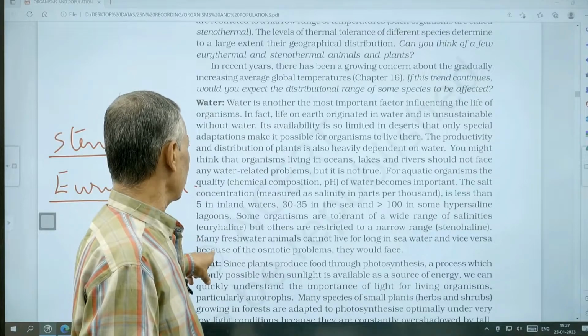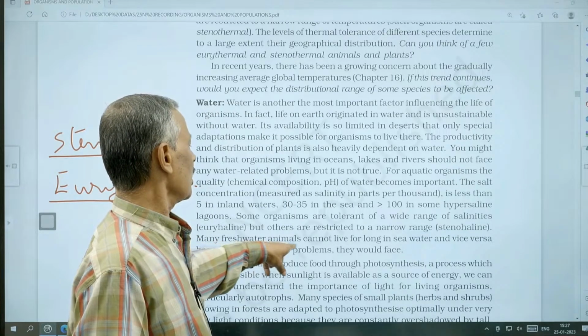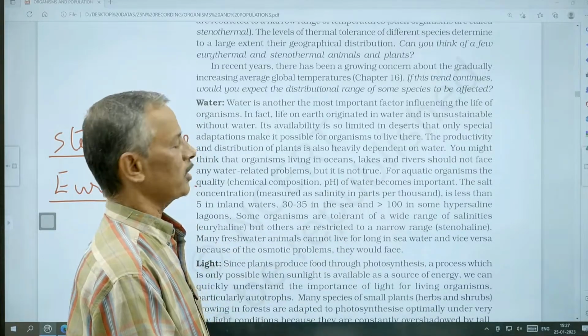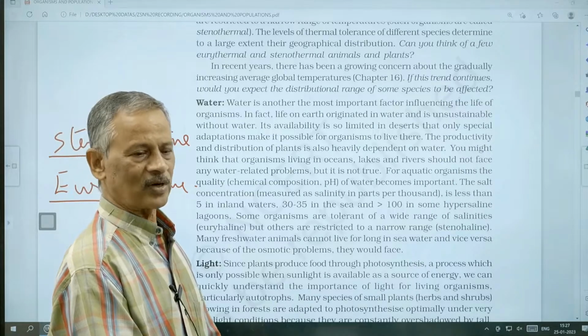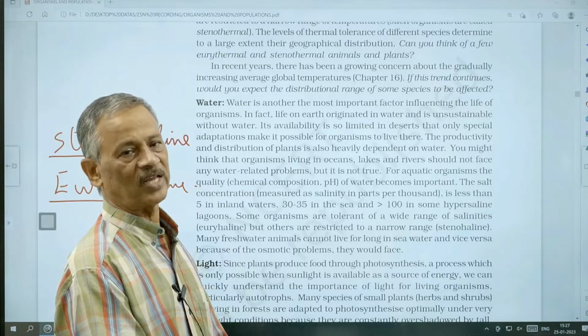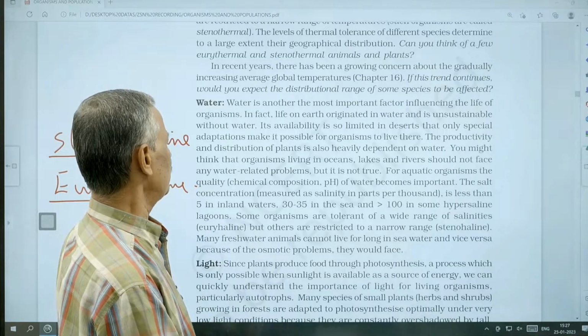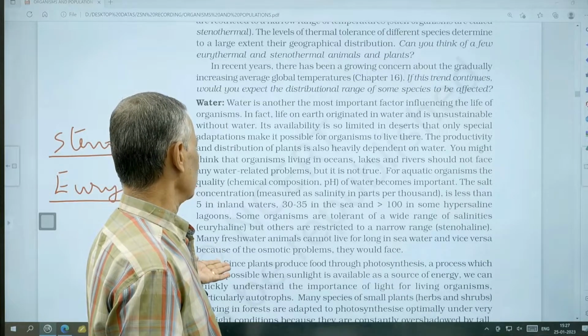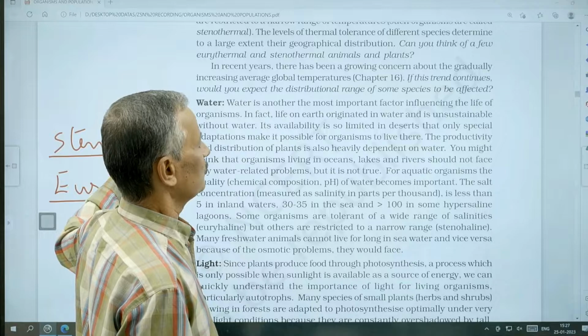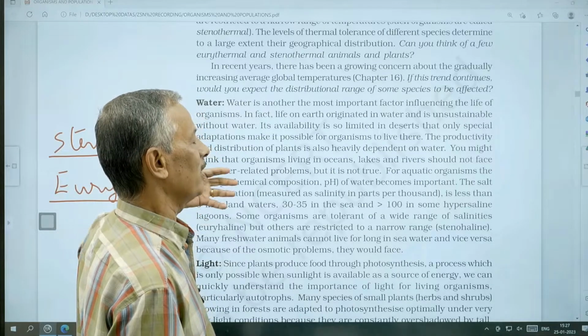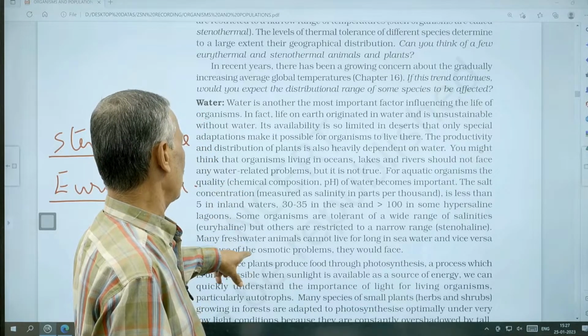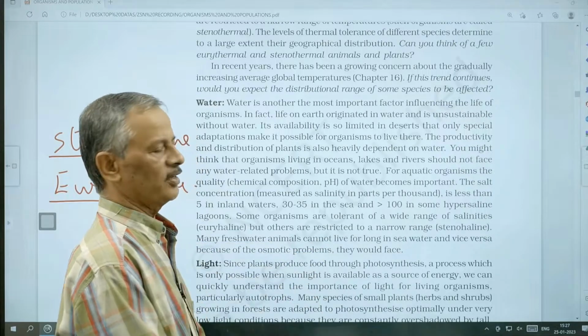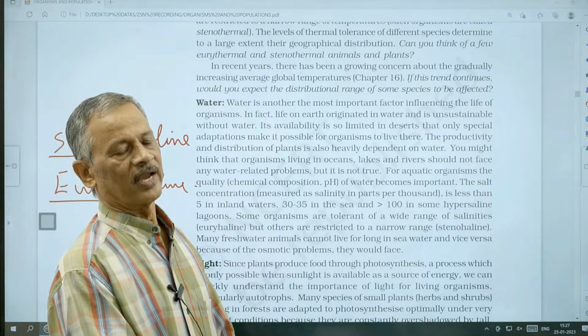This is the reason why many freshwater animals cannot live for a long time in seawater, because freshwater and seawater differ in salinity, and vice versa. That is, fishes from the sea cannot come and live in freshwater also because of the osmotic problems they have to face.